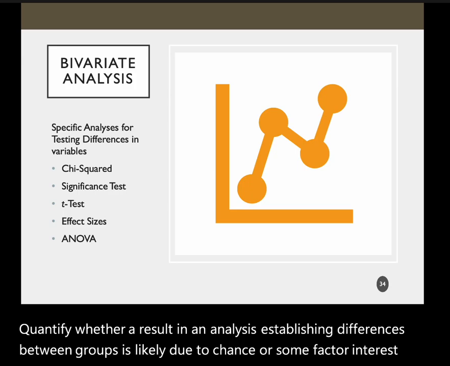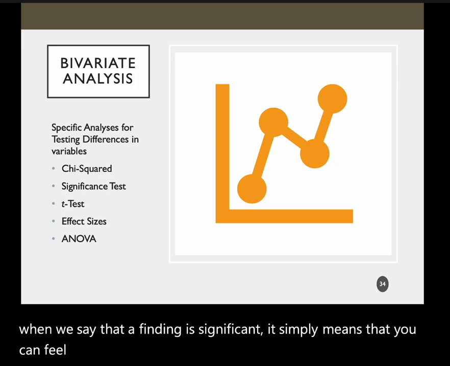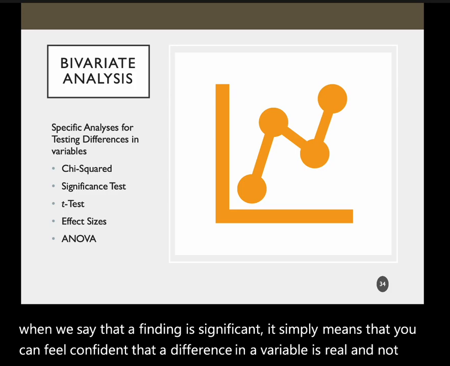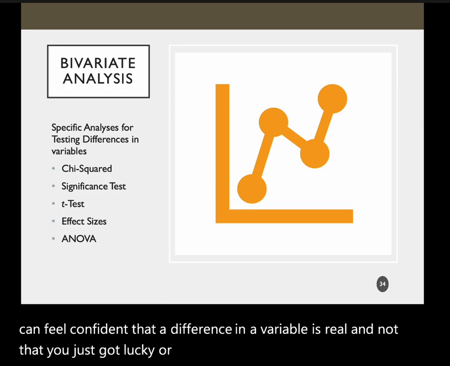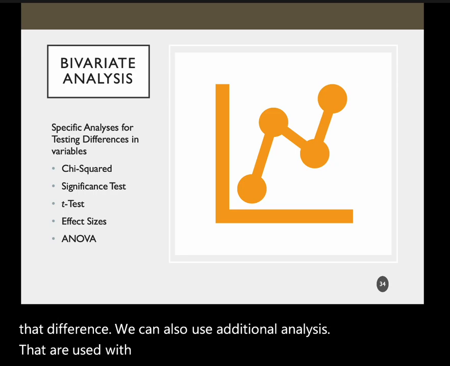So when we say that a finding is significant, it simply means that you can feel confident that a difference in a variable is real and not that you just got lucky or unlucky in choosing a sample that had that difference. We can also use additional analyses that are used with interval and ratio data.